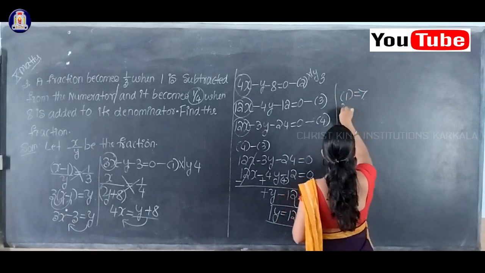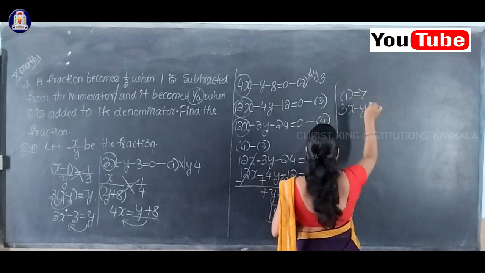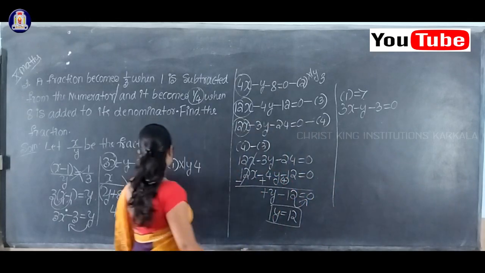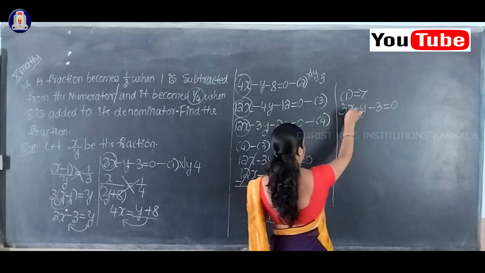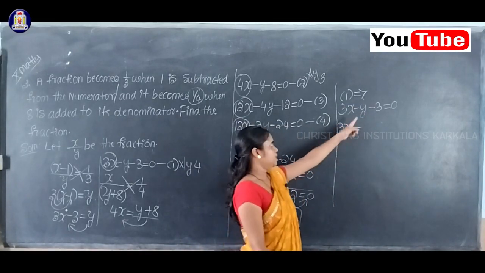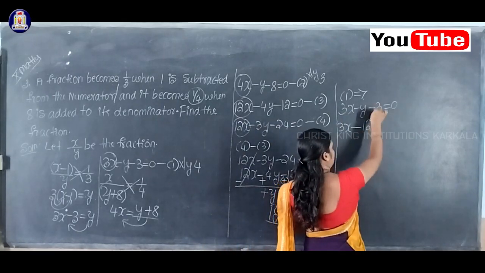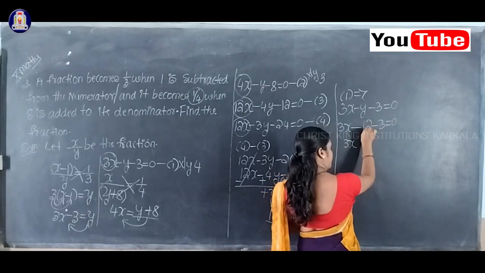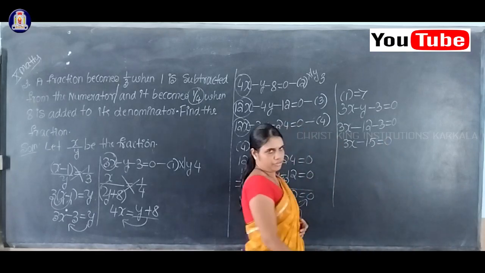Equation 1 is 3x minus y minus 3 equal to 0. Write 3x as it is, and in the place of y substitute this value, y is equal to 12. 3x minus 12 minus 3 is minus 15.